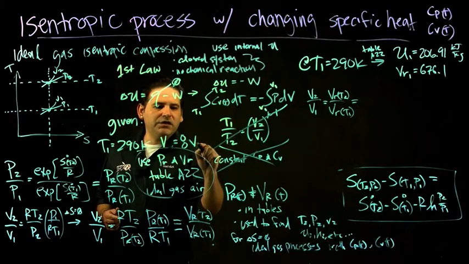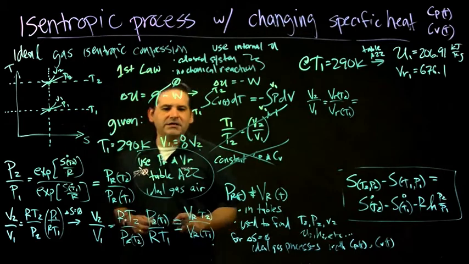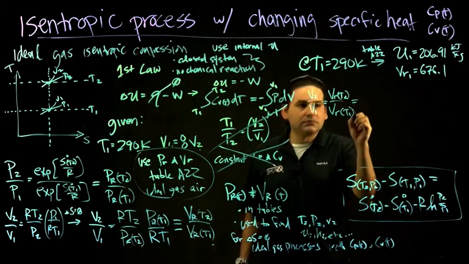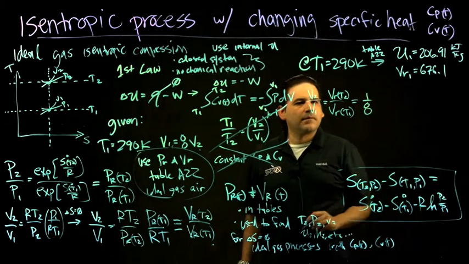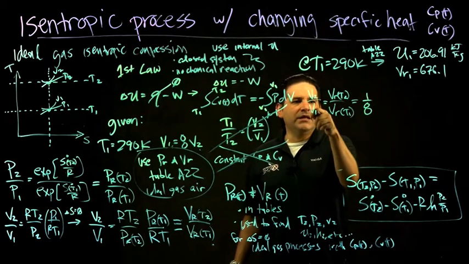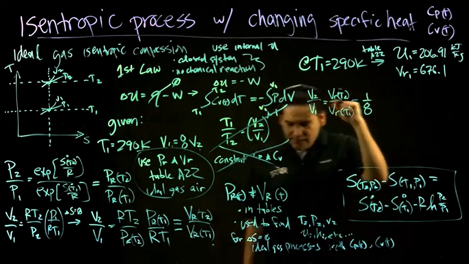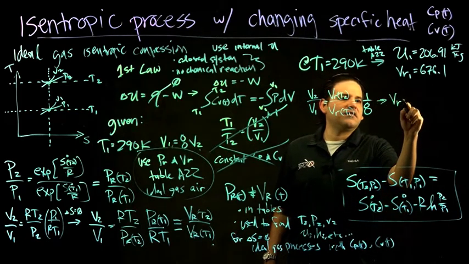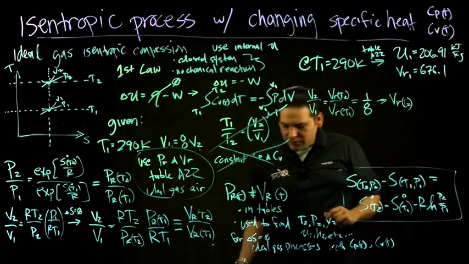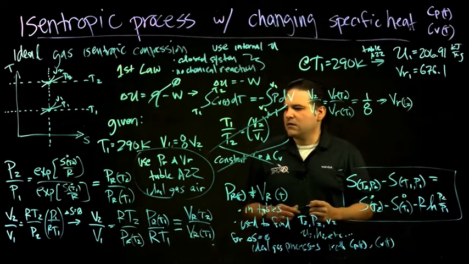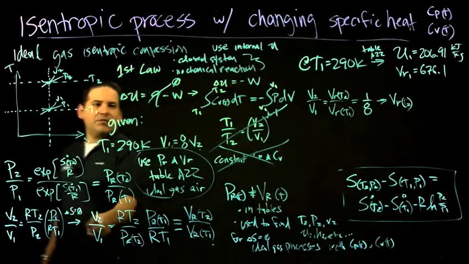So this is V1, it gets compressed 8 times. So this is 1 over 8. This is given. It gets compressed, starting from 8 to 1. And so that allows us to find the relative volume at the end. Because why? Because it's isentropic. We're using this ratio because it's an isentropic process here.